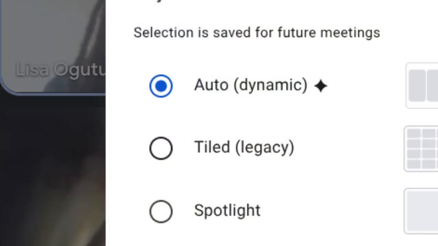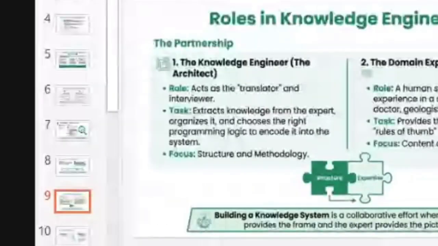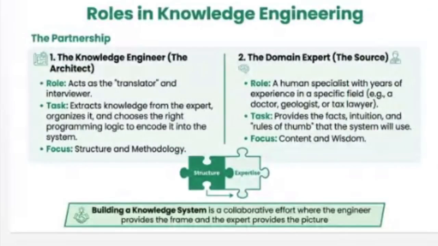So the roles in knowledge engineering, there are two. We have a knowledge engineer and a domain expert. The knowledge engineer acts as a translator and an interviewer who interviews the domain expert, a human specialist with years of experience in a specific field, could be a doctor, could be a lawyer.